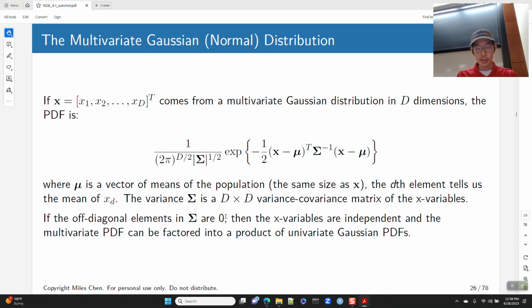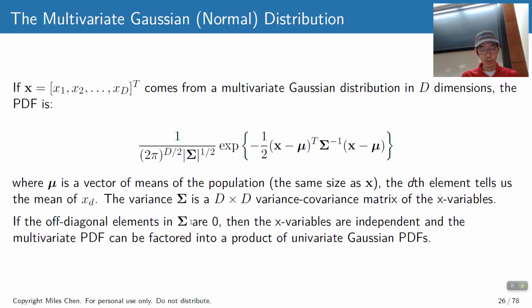As far as the sigma variance covariance matrix goes, you have this d by d square matrix, and the elements on the diagonal are the variance of each component in your X vector: the variance of x1, the variance of x2, the variance of x3.